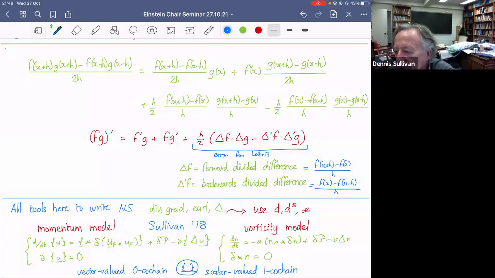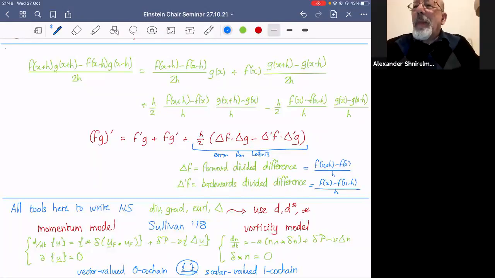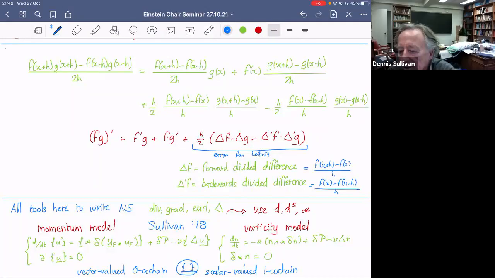Alexander, I was going to ask you a question. Are you there, Sasha? Schneerman, can you hear me? Yes, I hear you. Well, we were talking about one of the models Ruth said with the derivative on the outside, which allows you to define weak solutions.